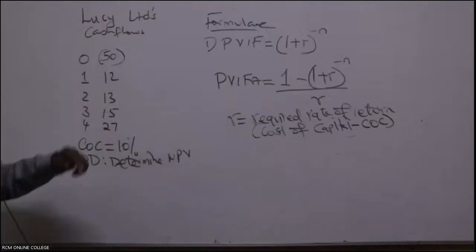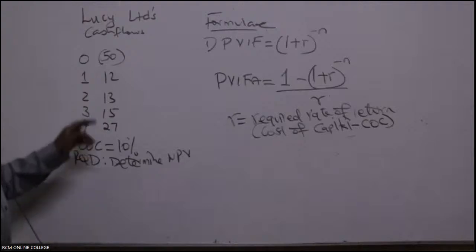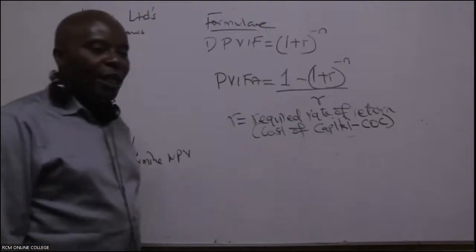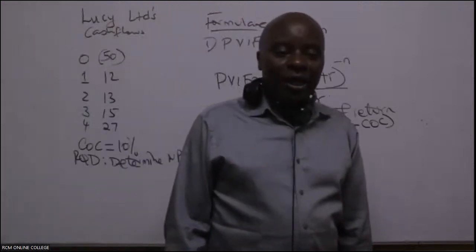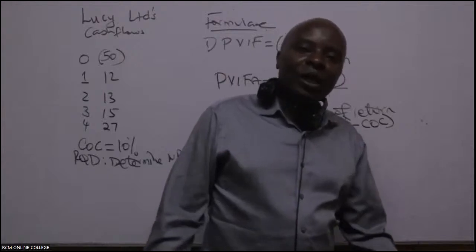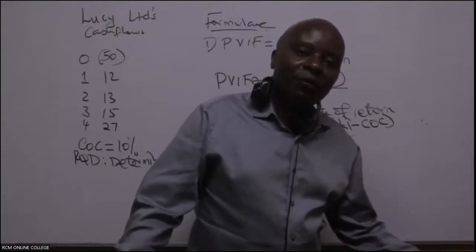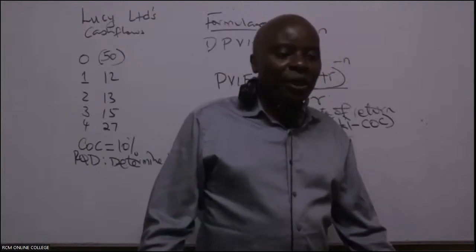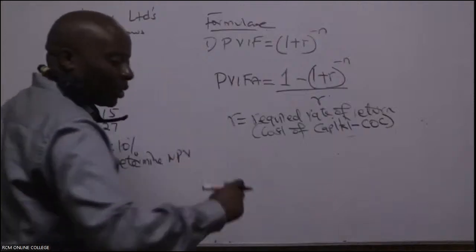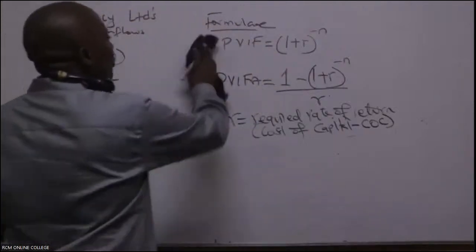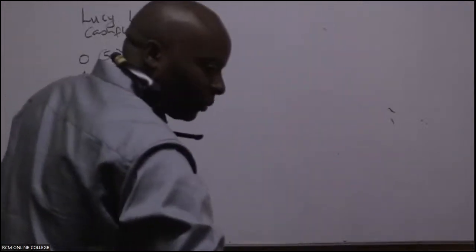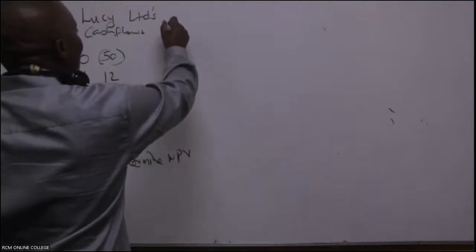Now, let me ask you, great students, a question. The cash flows that you are seeing here are which type of cash flows? Are they regular or irregular? Irregular, yes, because they are fluctuating. And since they are irregular, for purposes of discounting, ladies and gentlemen, we shall use PVIF.